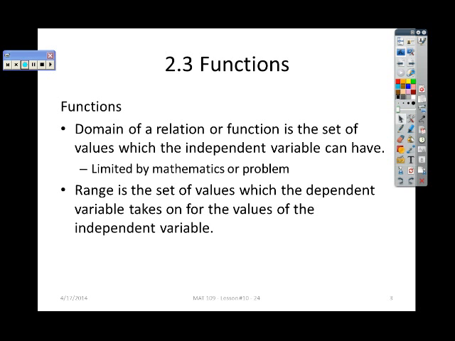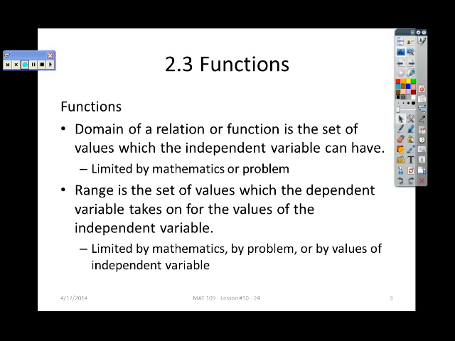Range is when you plug in all of these allowed values for the independent variable, what values will come out as the dependent variable. That's what the range is, that group of values that come out of plugging in all of the independent values. The range depends on what you put in as well as on the form. So you could be limited by mathematics.